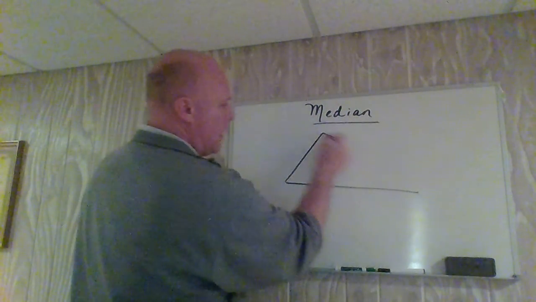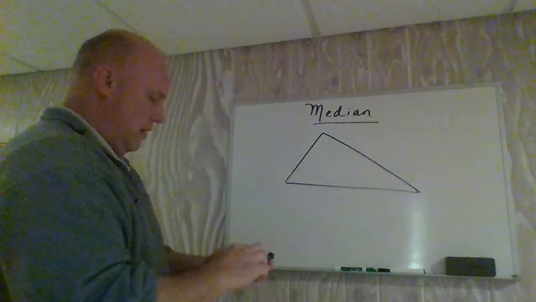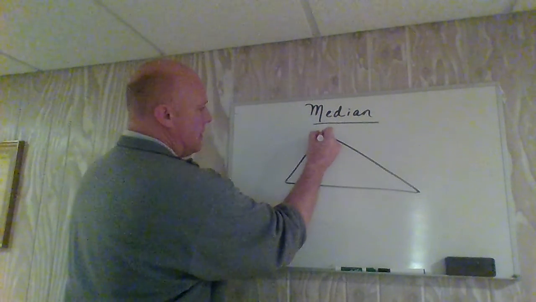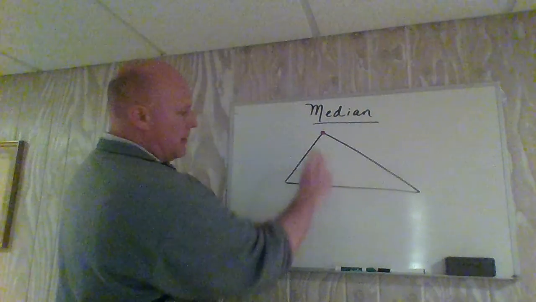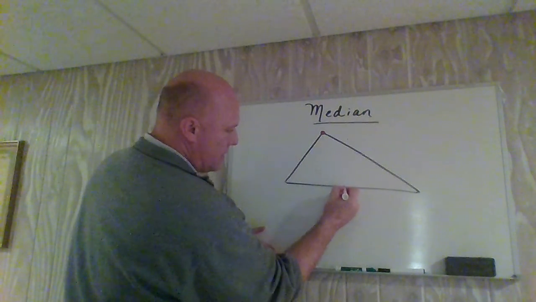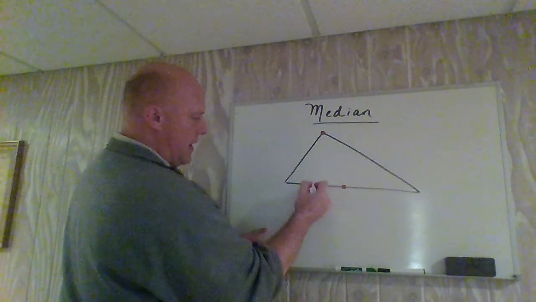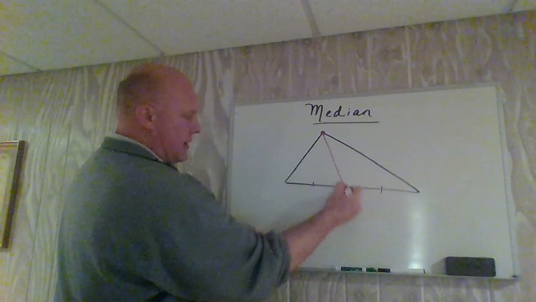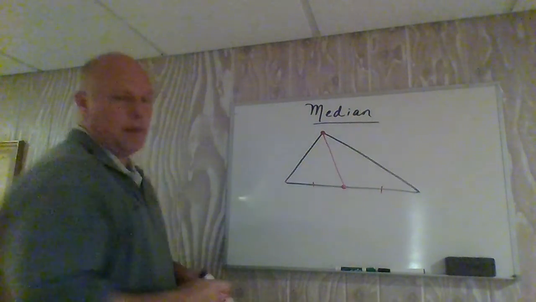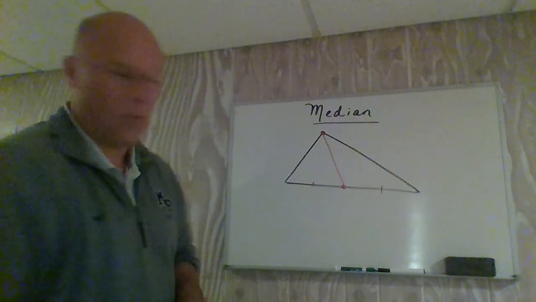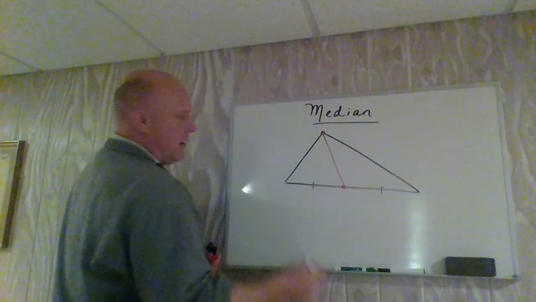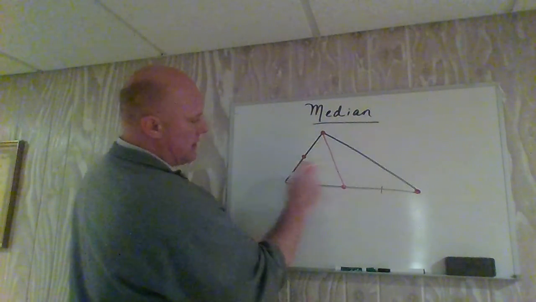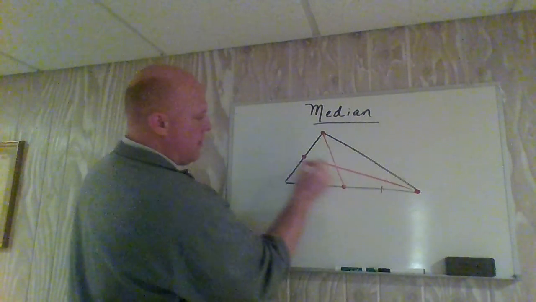Draw the same triangle. Again, a median starts at a vertex, and it's connected to the opposite side's midpoint. So if this is the midpoint of this side, that means these two are equal. That would be considered one median. Let's start here, and let's assume that this is the midpoint of the side opposite. Let's connect those.